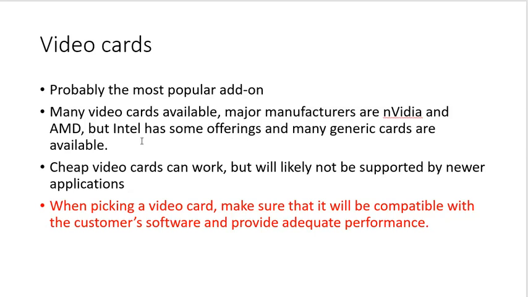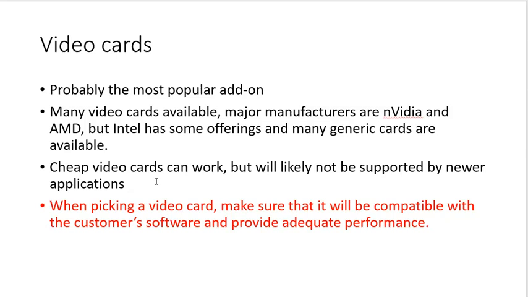NVIDIA and AMD are constantly vying to see who has the all-out fastest card. You can get some cheap video cards that are 40 or 50 bucks, and those are going to be just fine for office automation. If you're just using Microsoft Word or Excel, then a cheap video card is going to be fine.